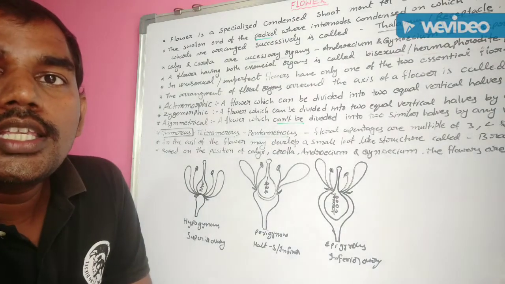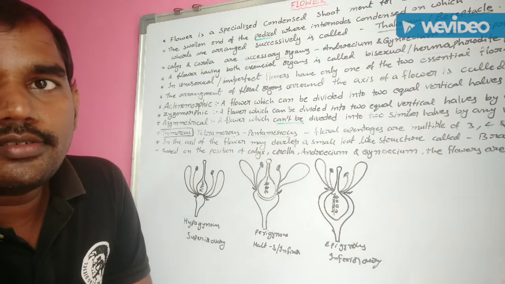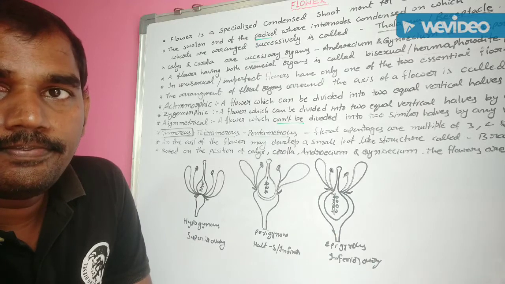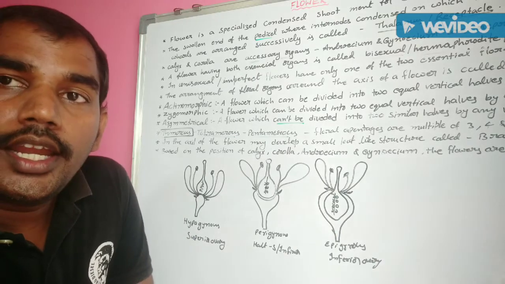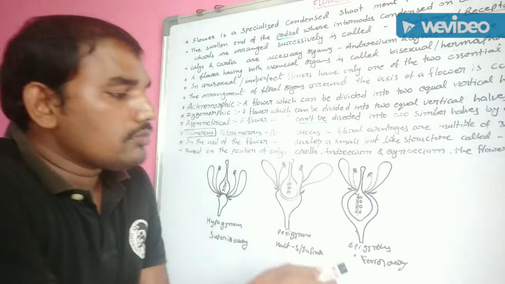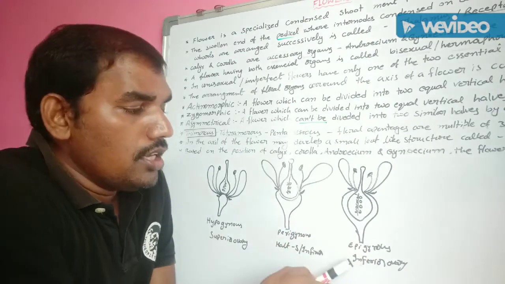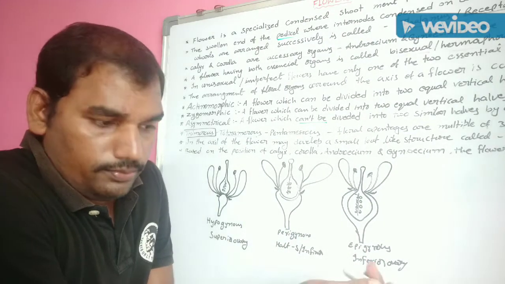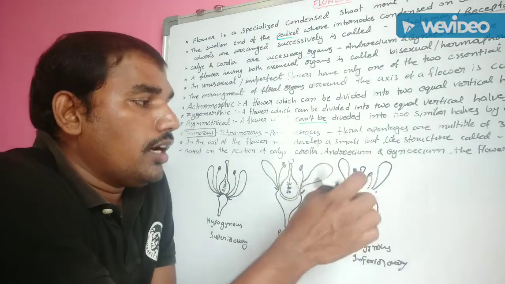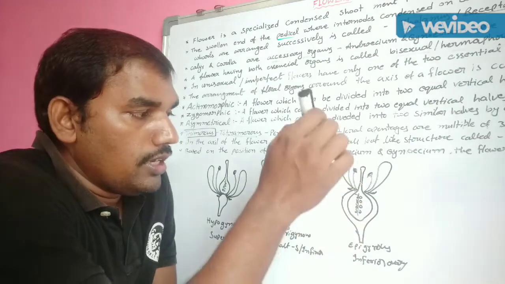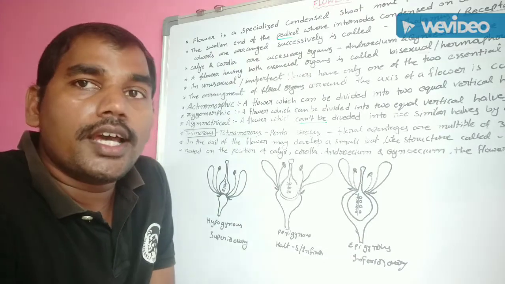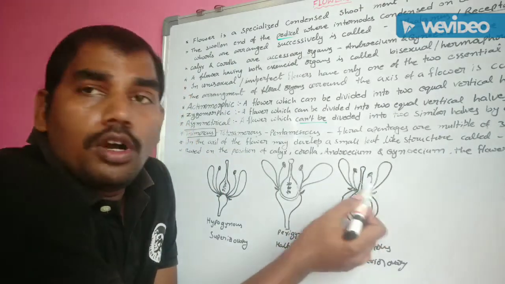You know already, sunflower florets. Another one, cucumber, pumpkin. Another one, guava. In these flowers, like guava, pumpkin and also sunflower florets, the ovary is present in the cup-shaped thalamus and the remaining floral parts are arranged above the ovary.